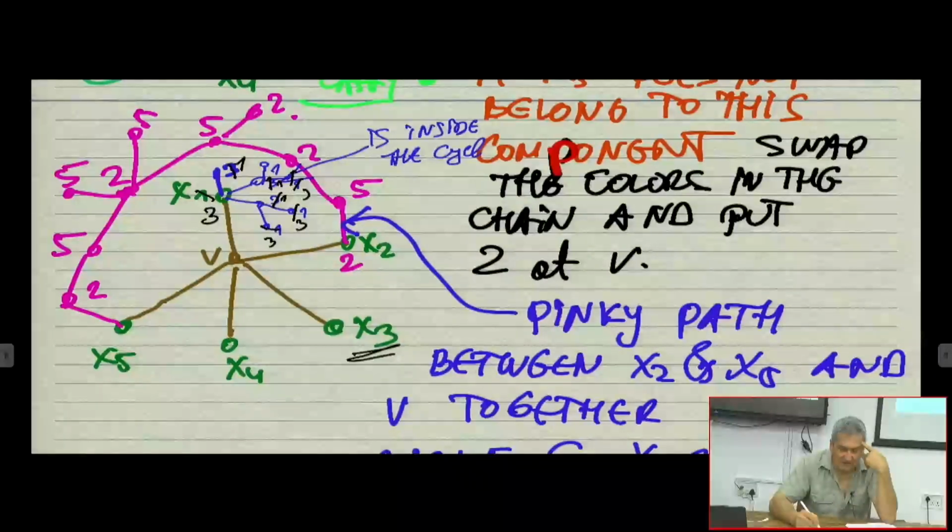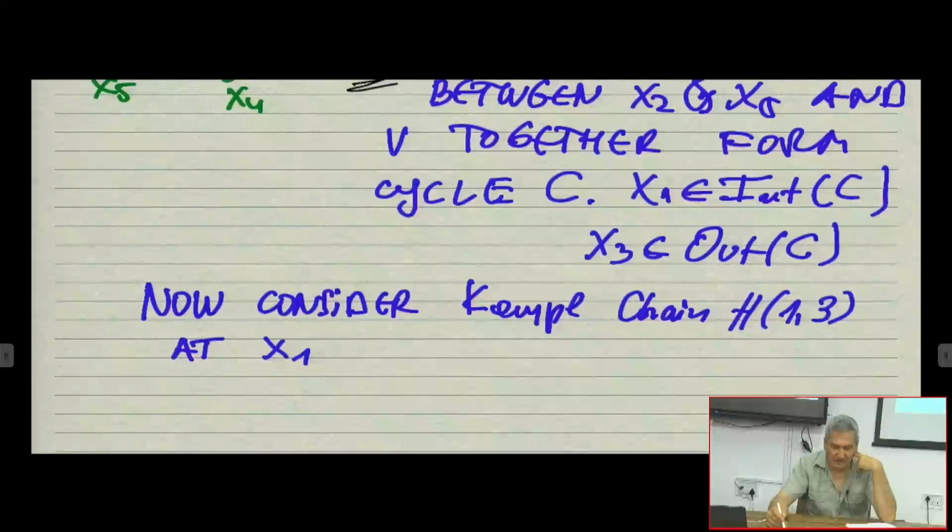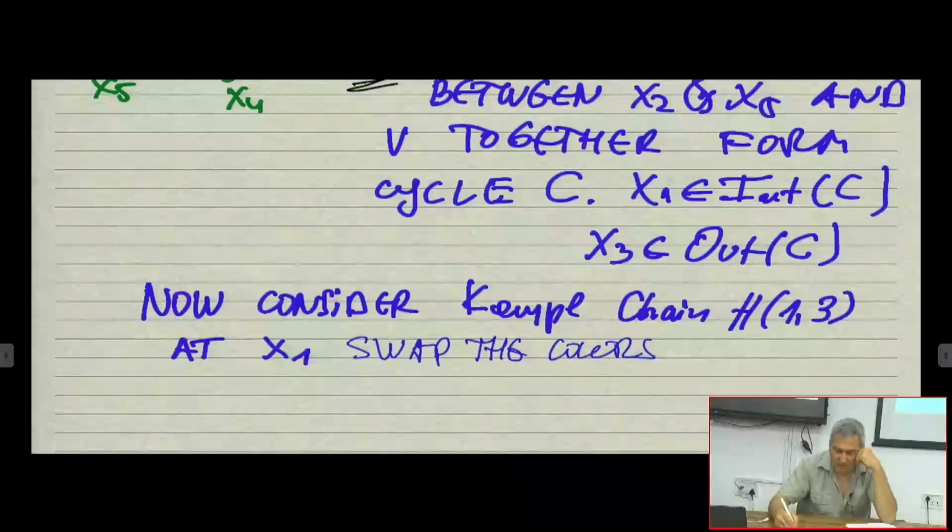This vertex will still stay color 3, and this vertex will still have color 3. So now color 1 doesn't appear around, yes? So we put 1 here. Okay? Kempe chain at X1, swap the colors 1 and 3 there.